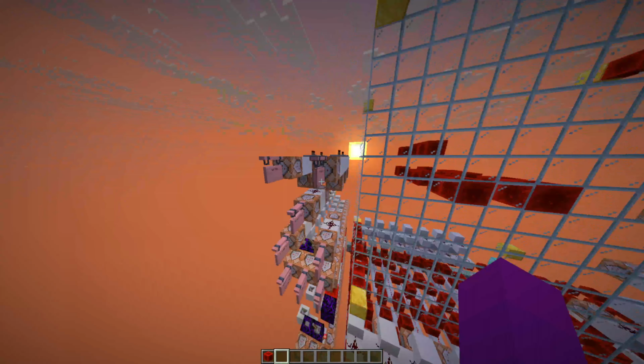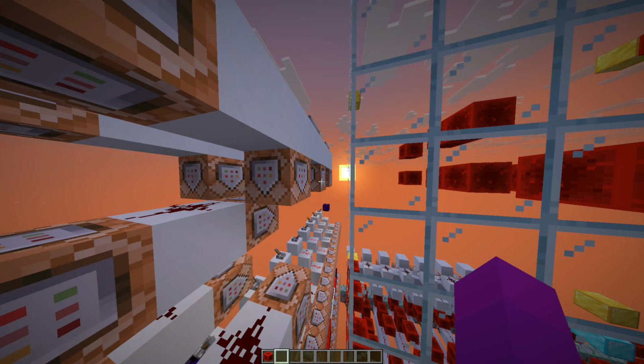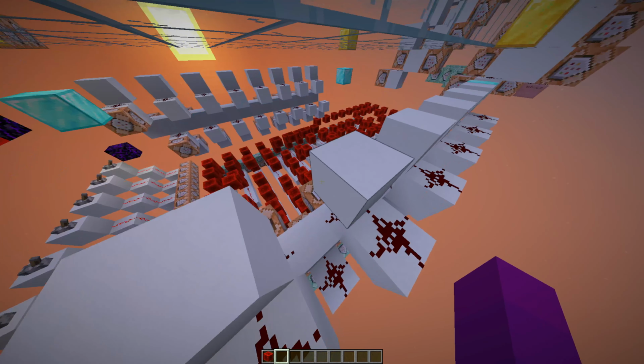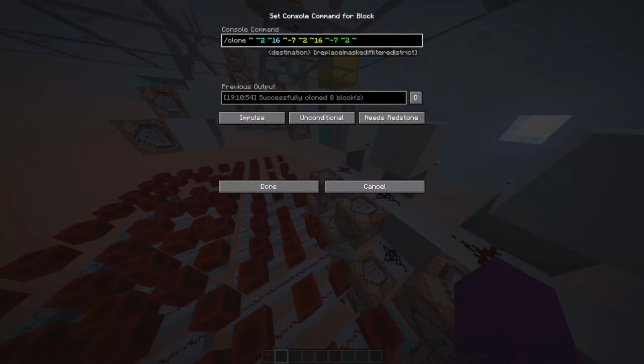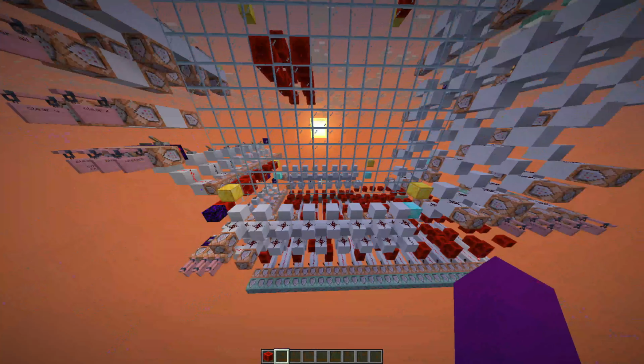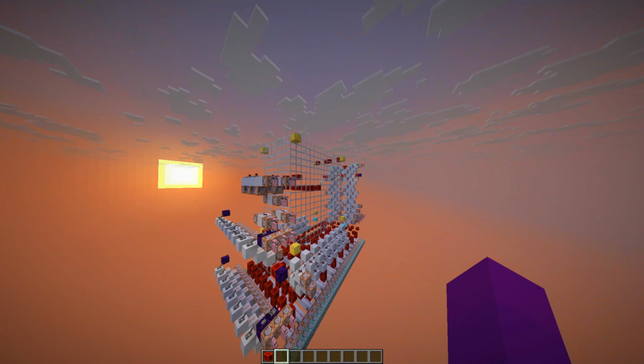And all these command blocks are relative coordinates, just using the tilde mark. So technically, none of these are hard coordinates, meaning that I can just clone this entire zone.